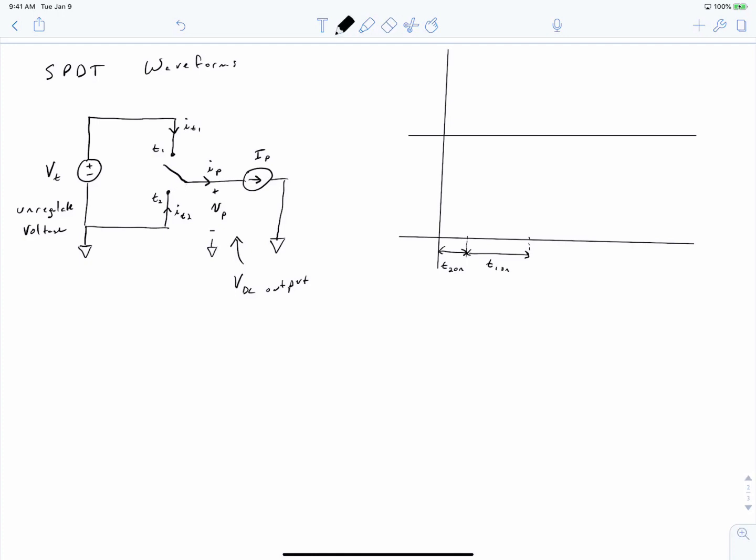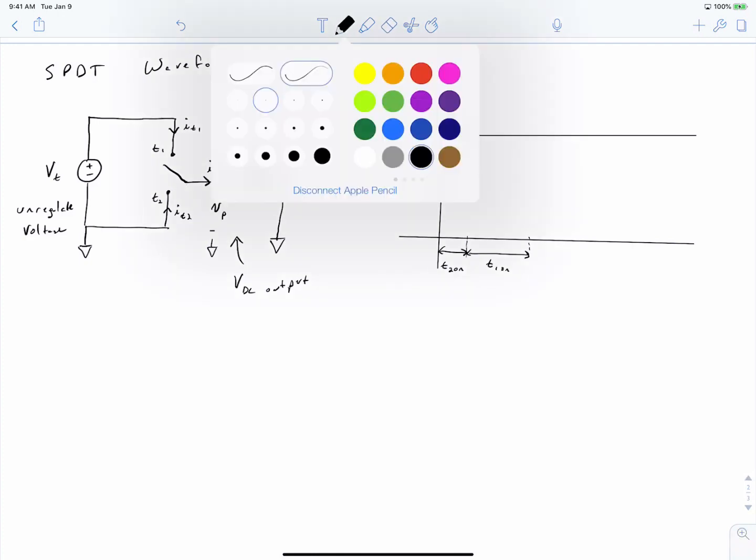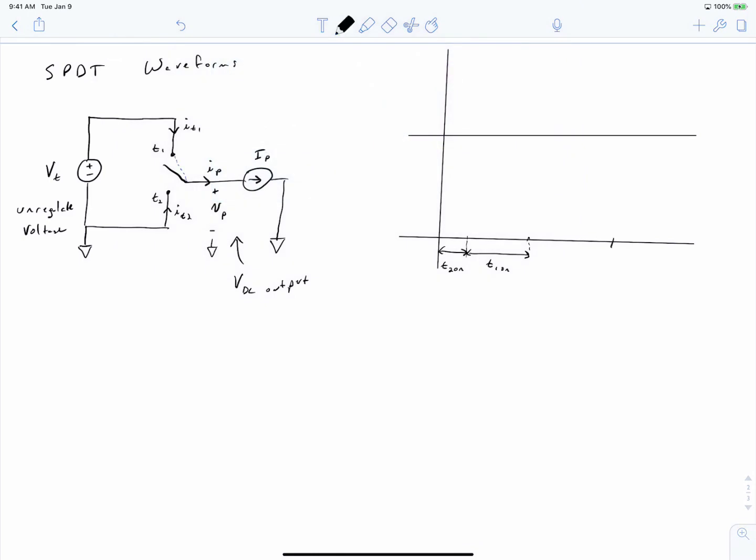So that means now that the switch is connected to the top throw. And in the next interval, we go back to having throw 2 on, and then throw 1 on, and so on and so forth. So this repeats. This is a repeating set of events.